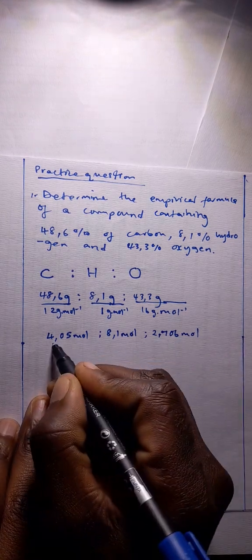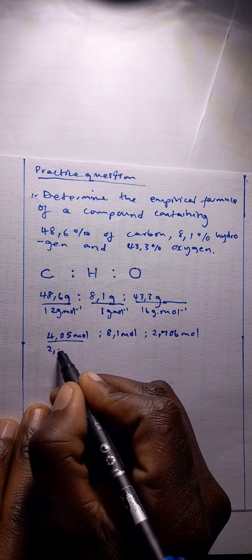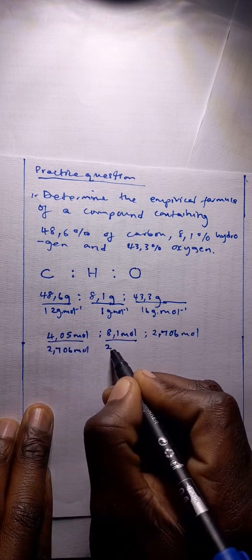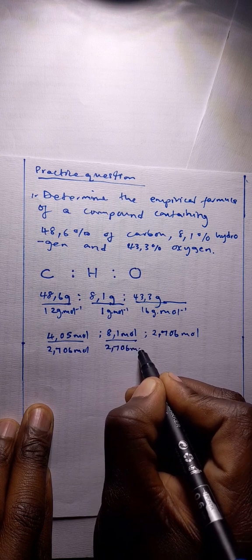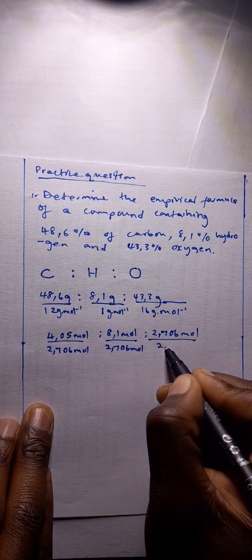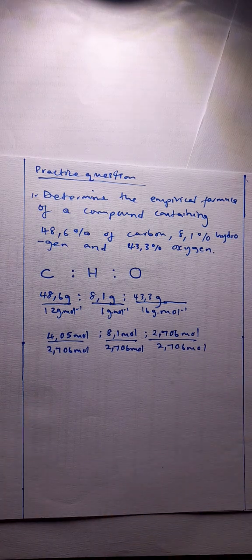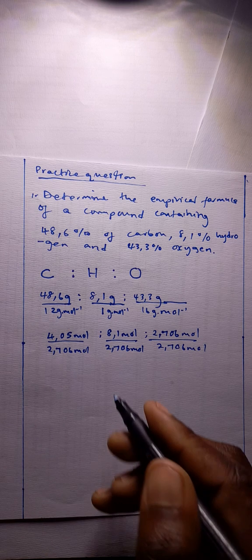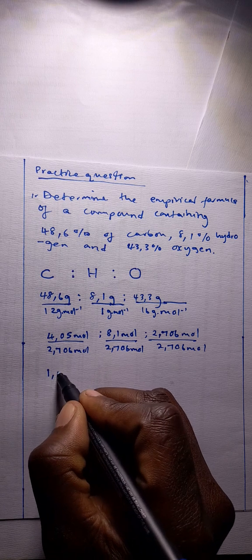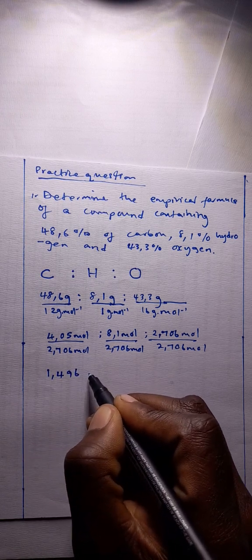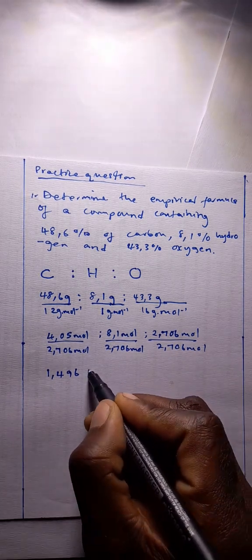Now you check the smallest, which is 2.706 mole. Divide each by 2.706. For carbon I get 1.496. That's a ratio now, no longer mole.